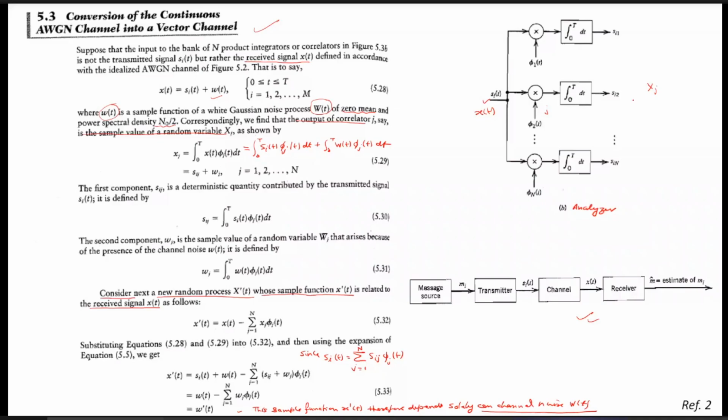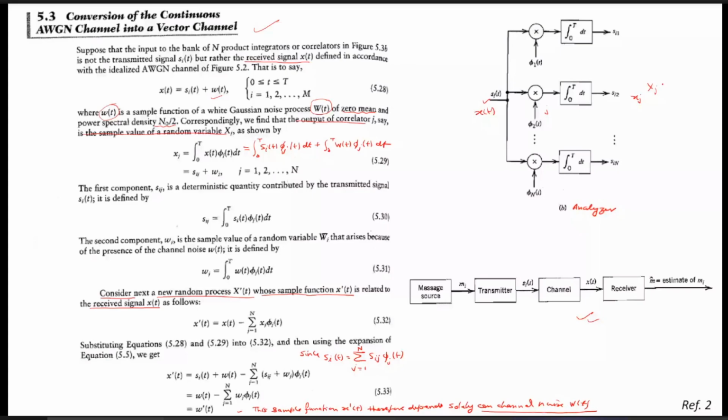Then this xj will simply be the integration from 0 to T of x(t) multiplied by phi_j(t), dt. This is the output sample value of the jth correlator corresponding to x(t), that is xj. Capital Xj is the random variable, and the sample value of that is xj.